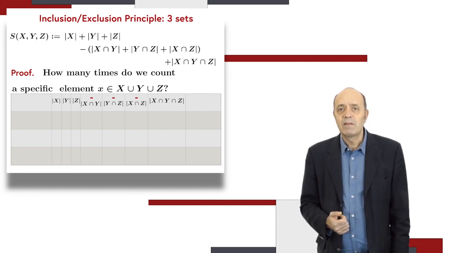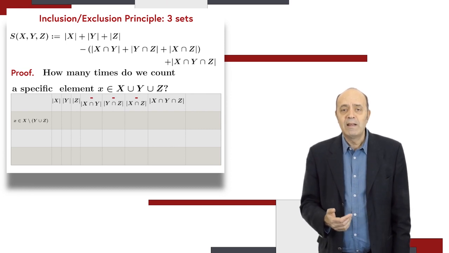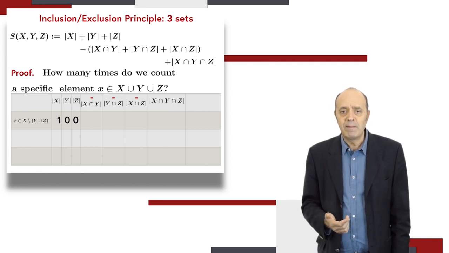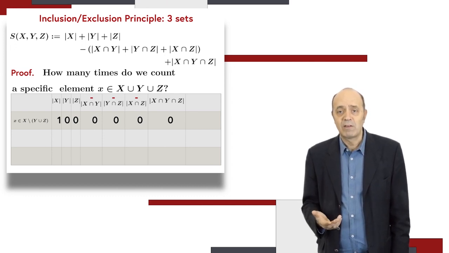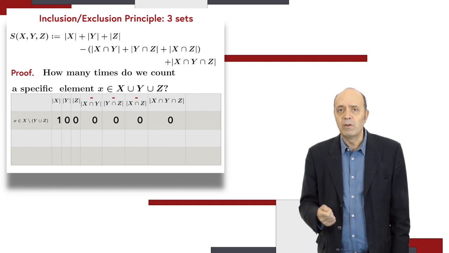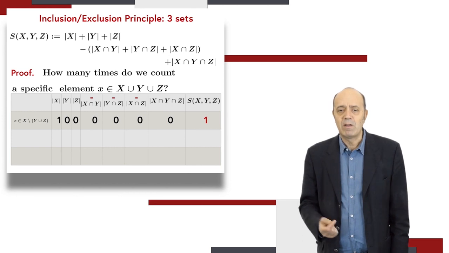Let us consider, for instance, the case where small x belongs to just one of the 3 sets, say X. Well, then we count 1 as an element of X, and we count 0 as an element of Y, Z, 0 as elements of X intersection with Y, Y intersection with Z, X intersection with Z, and also for X intersection with Y and with Z. So when we count, taking the sign minus in front of the 2 by 2 intersections, we get 1. So it is counted 1 time in the sum.